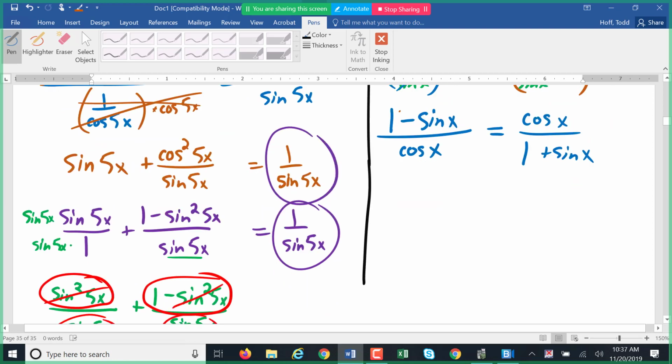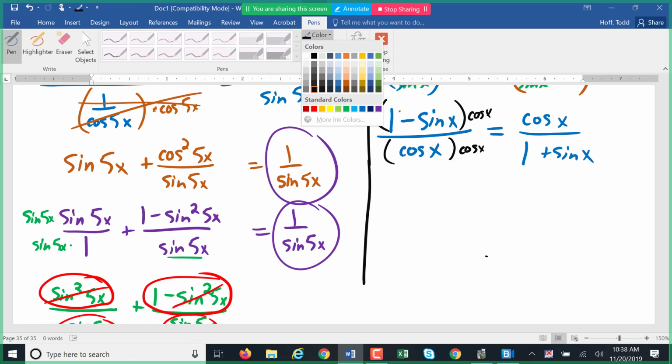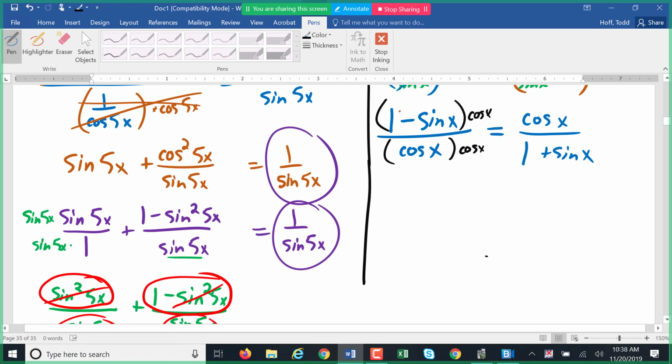So what I'm going to do is create cosine squared. To do that, I'm going to multiply the numerator and denominator over here by cosine of x, just to see what that does for me. So on top, 1 minus sine x times cosine x, that's cosine x minus sine x cosine x.